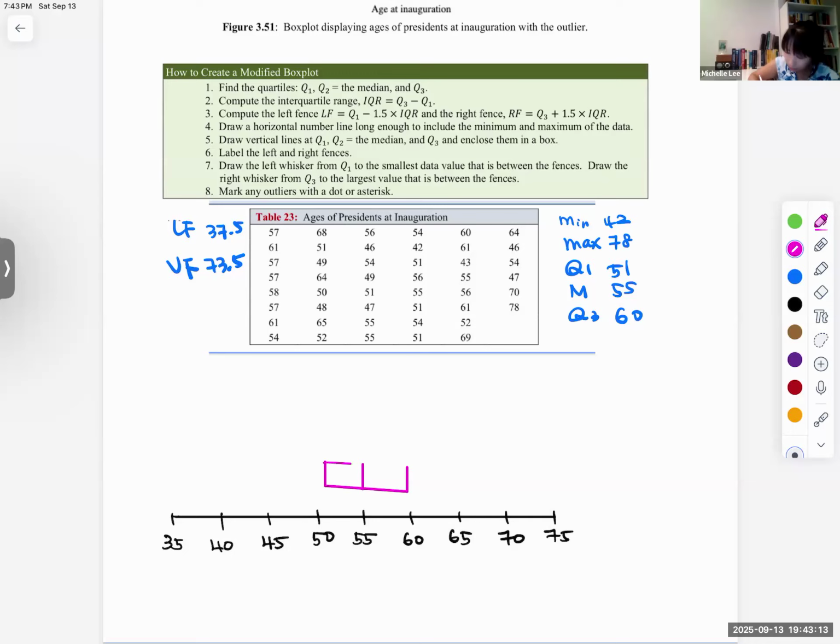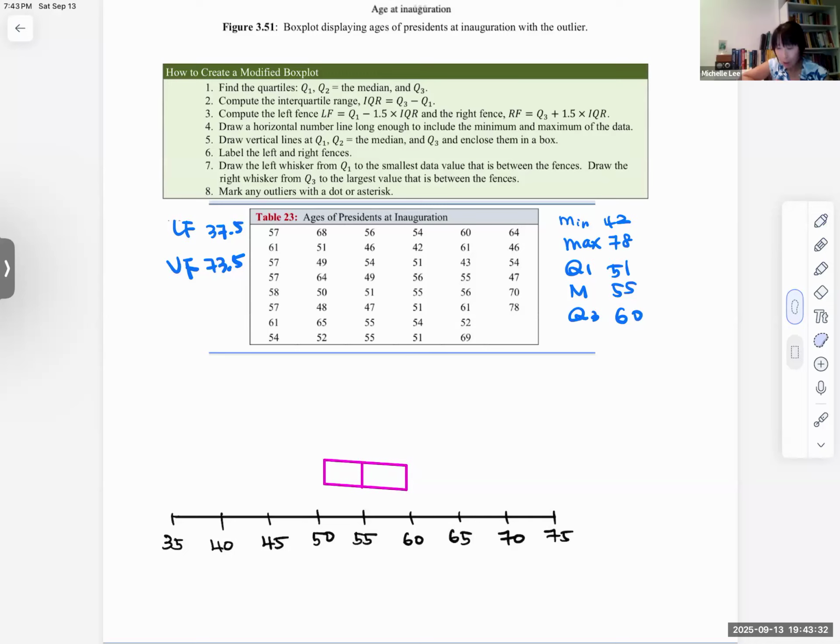It's my box plot. And then, hmm, not straight there. Okay, I cannot make that straight. Sorry about that.